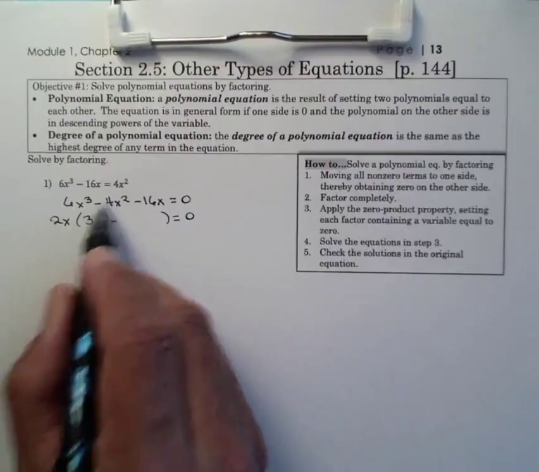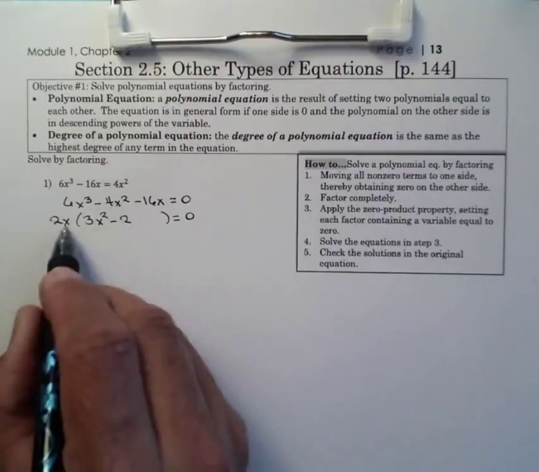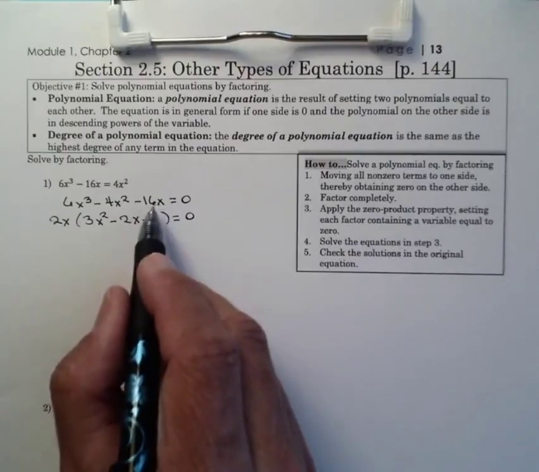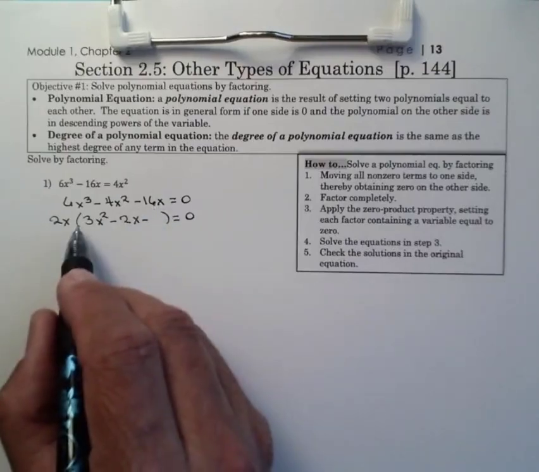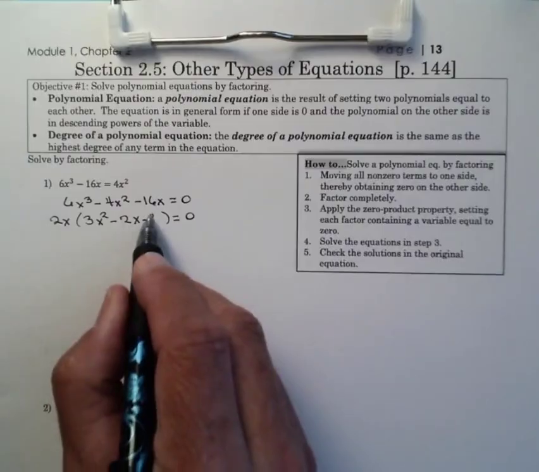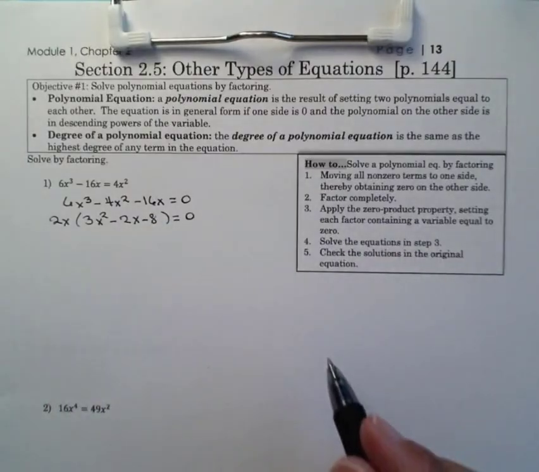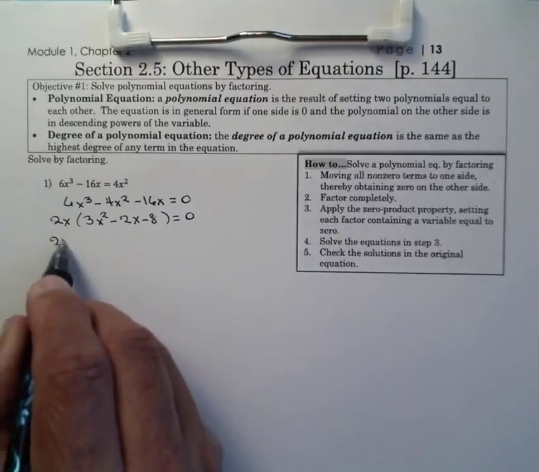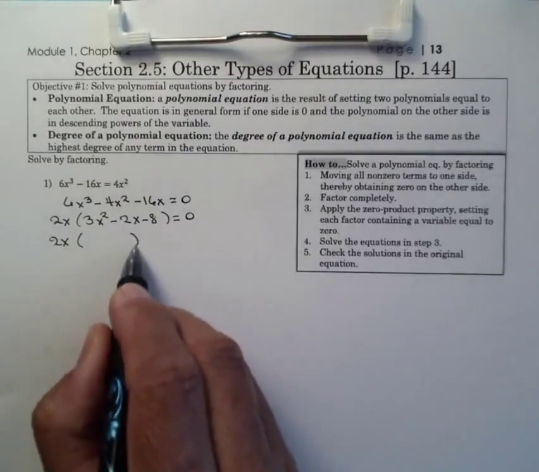Minus 4 divided by 2 is 2. X squared divided by x is x. I'm going through this quickly because you should be able to do this pretty well by now. And then a negative 16x divided by 2 is going to give us a negative 8. And of course, x divided by x gives us 1, so that one's gone. All right, there's my trinomial that I have to be able to factor, and my GCF of 2x.